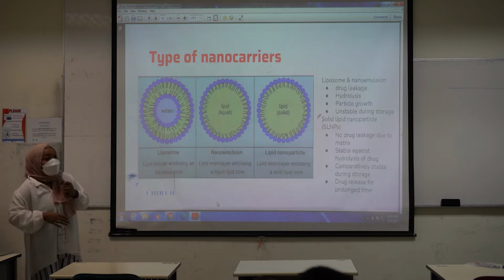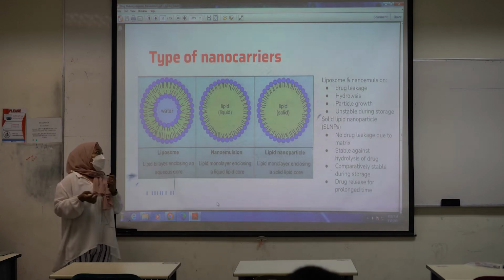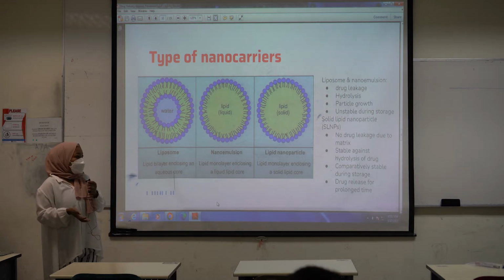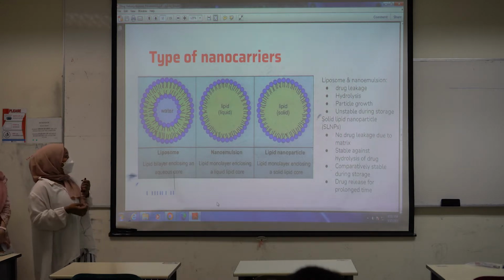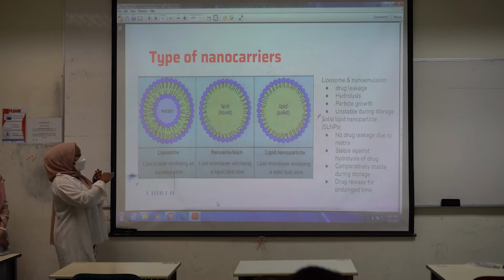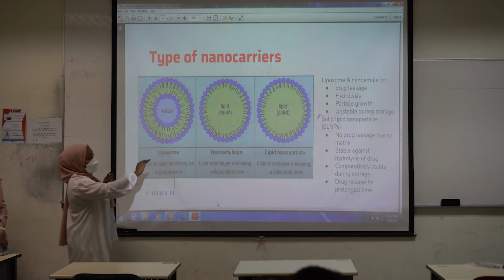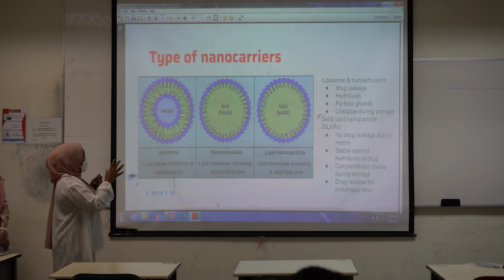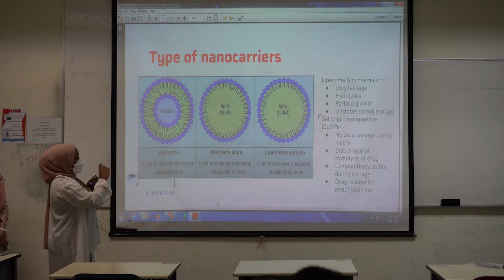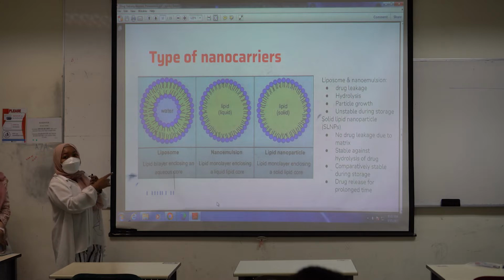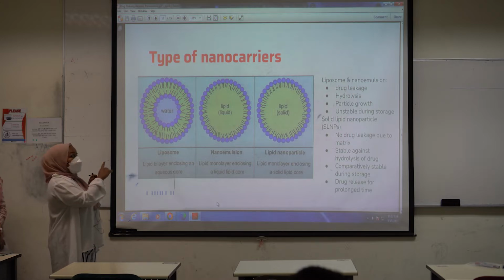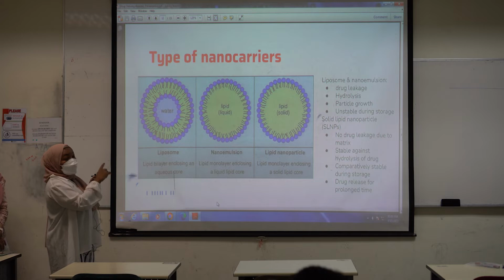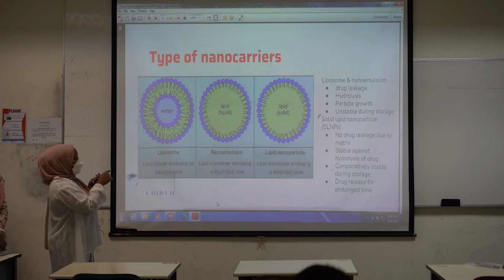Now that we know all the advantages of the nanocarrier, I will talk about the different types of nanocarriers. Here they are placed from the least convenient to the most convenient. The liposome, which has an aqueous core, is the least convenient, since there is a high chance of the drug being hydrolyzed, and it is also unstable and can cause drug leakage.